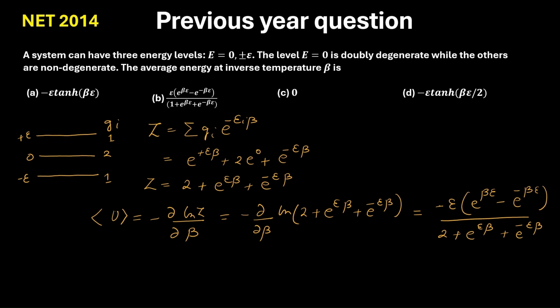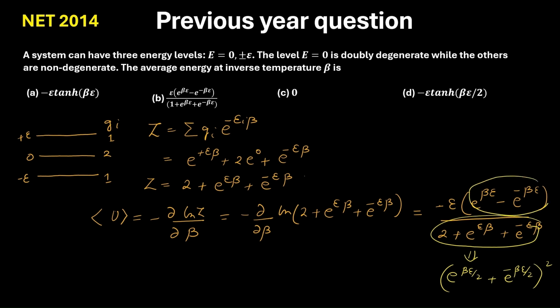Now the term in the denominator, you can write as e to the power beta epsilon by 2 plus e to the power minus beta epsilon by 2, whole square, right? And the numerator we can use the formula a plus b into a minus b. Using this trick we can simplify it.